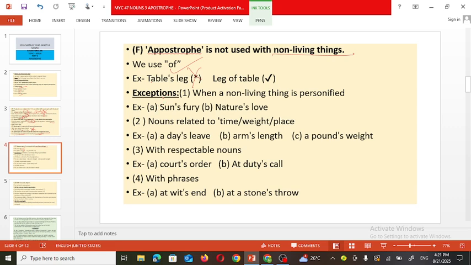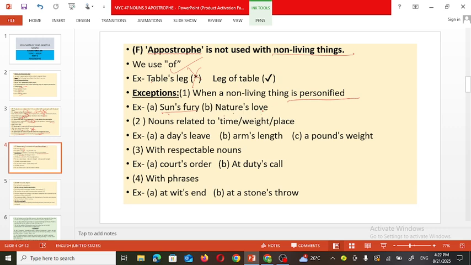But we can use the apostrophe sign, even though the noun is a non-living thing, when it is personified, for example, sun's pari or nature's love. Here the sun or nature is personified. Love is a human quality which is given to nature, isn't it?